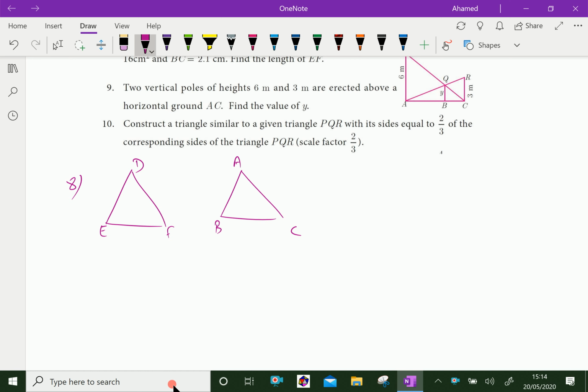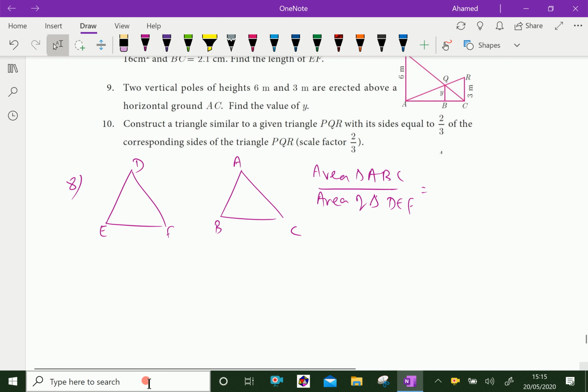Here, area of triangle ABC over area of triangle DEF equals, we know that the ratio of the areas of similar triangles is the ratio of the squares of the corresponding sides, that is BC square over EF square.